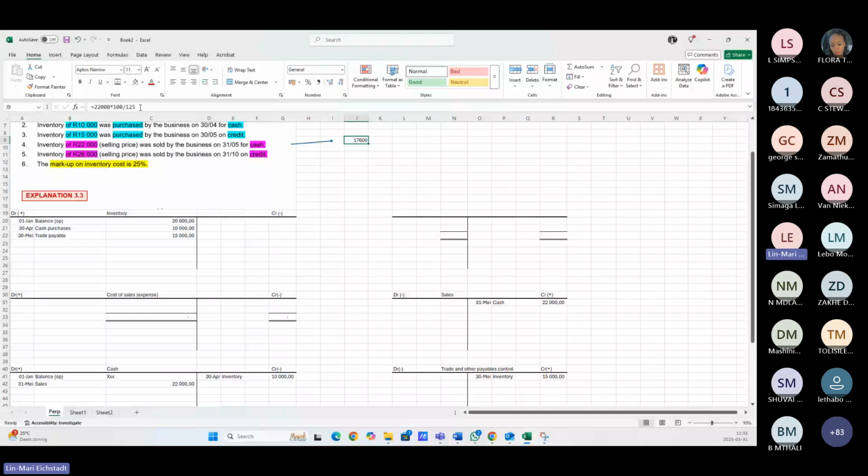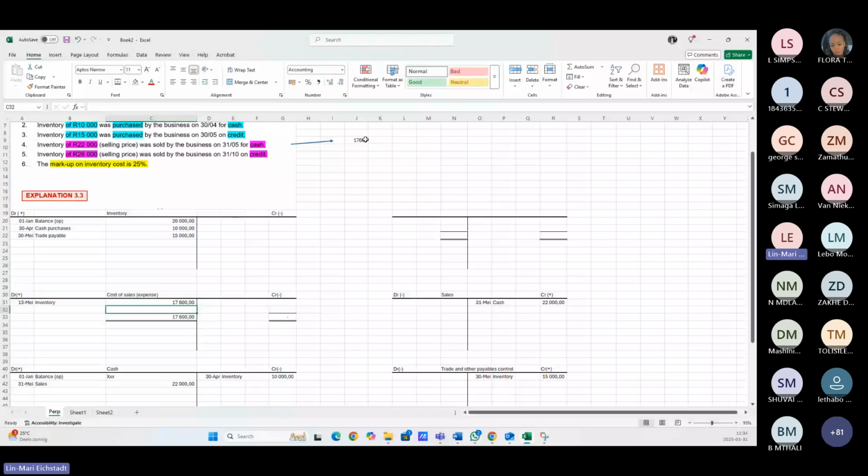So when we've got this amount, what we can do is we show that this is our cost of sales on the 31st of May. This is our cost of sales, and the contra account is inventory because it decreases our inventory, right? With our inventory sold. So this amount here is 17,000.